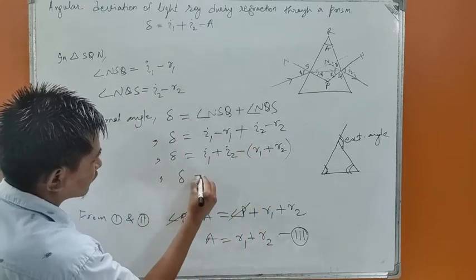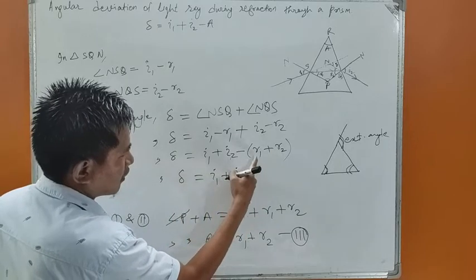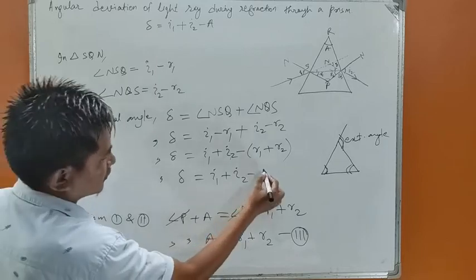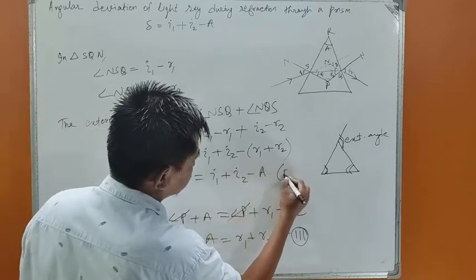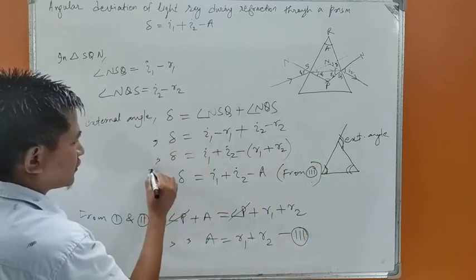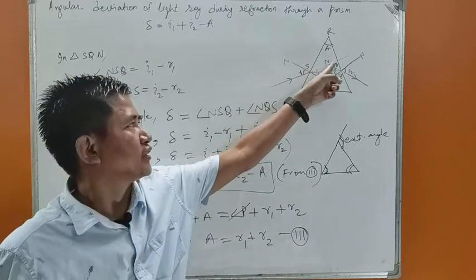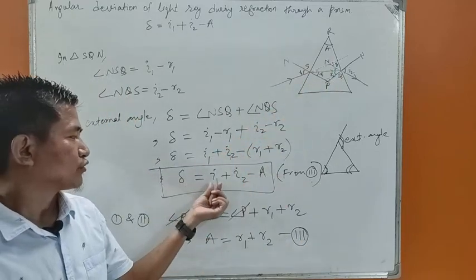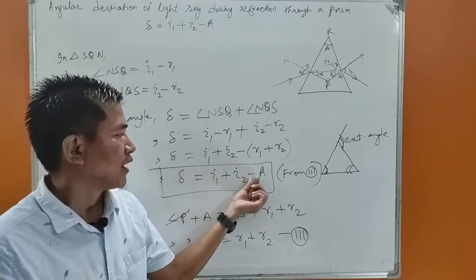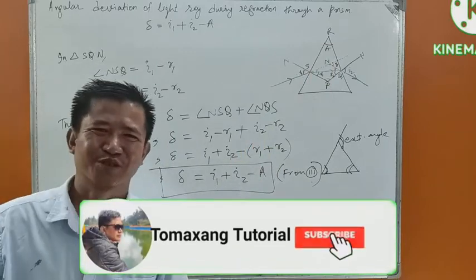Or del equals I1 plus I2 minus R1 plus R2, and R1 plus R2 means A, isn't it? A from equation 3. So this is the relation which we were asked to prove. Del means angular deviation in a prism equals angle of incidence plus angle of emergence minus angle of prism. Okay, I hope you got this. Thank you so much for watching this video.